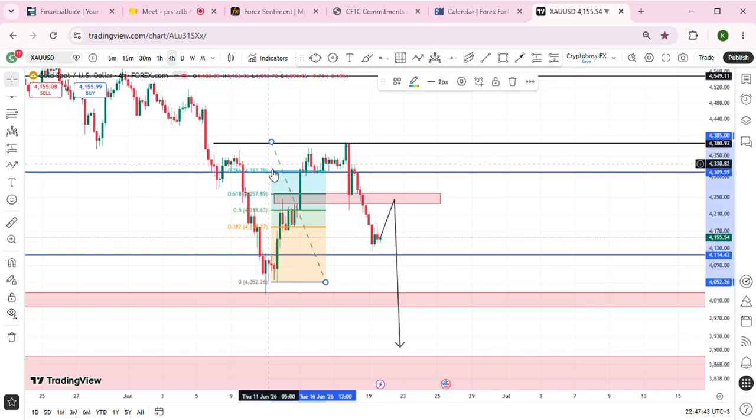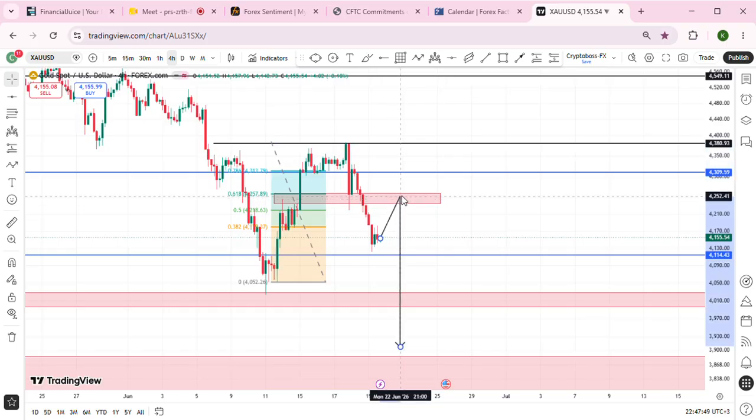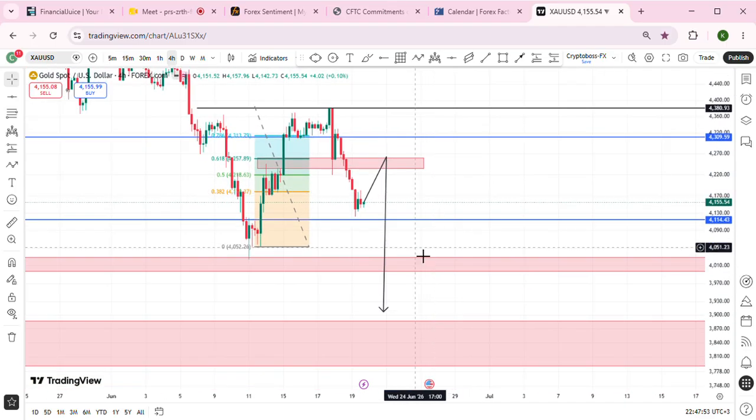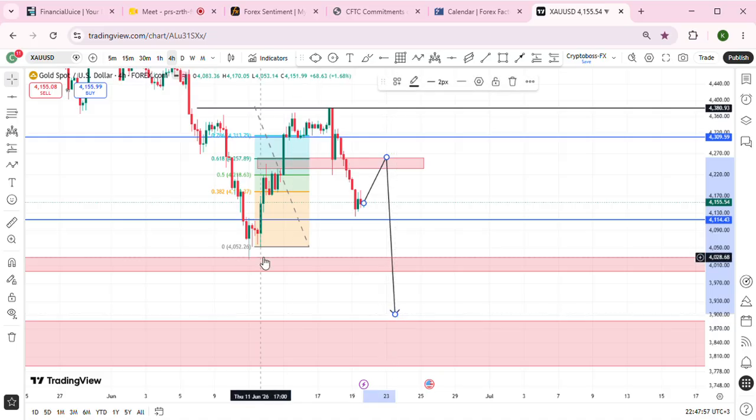So you can see the zone I've marked here is where we have the 0.618. In the fib, when you are looking for sales, you look at 0.5 and 0.618. Those are very crucial levels when you're looking for sales.